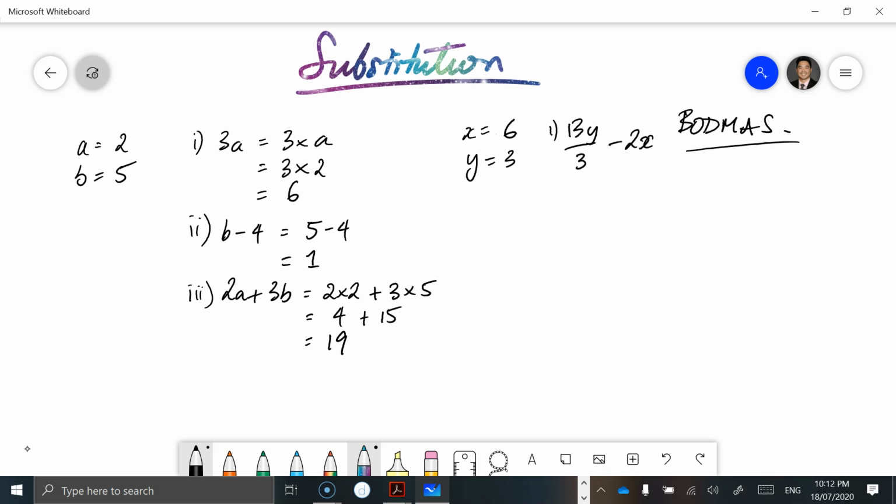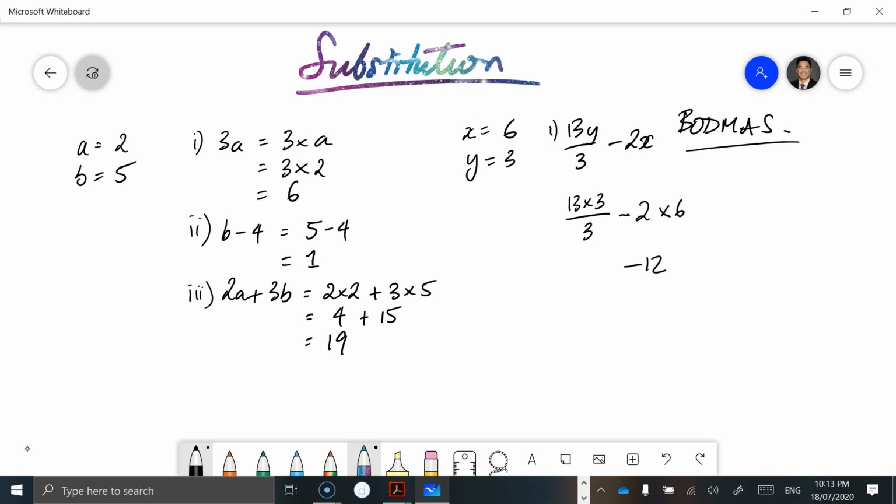So we would have 13 times 3, because that's what y is equal to, and then we divide that by 3, and then minus 2 times 6, which is what x is. So we're going to subtract 12. Now, 13 times 3 is 39, and then 39 divided by 3 is just 13.